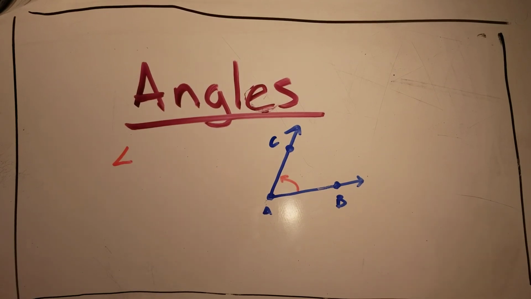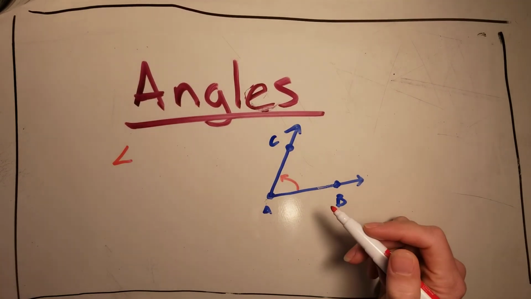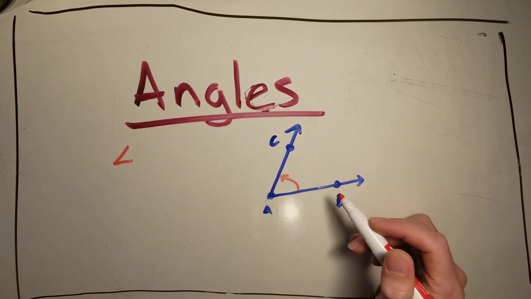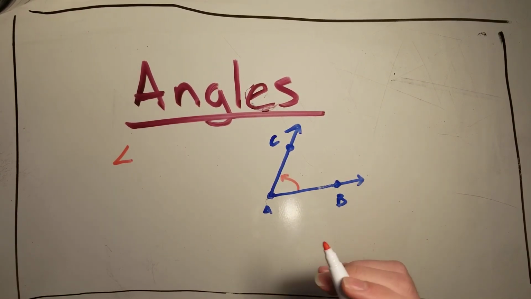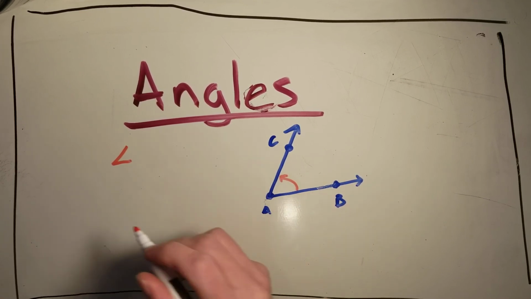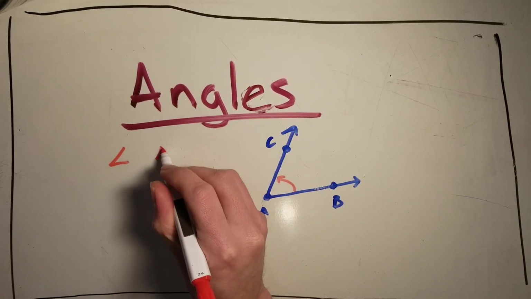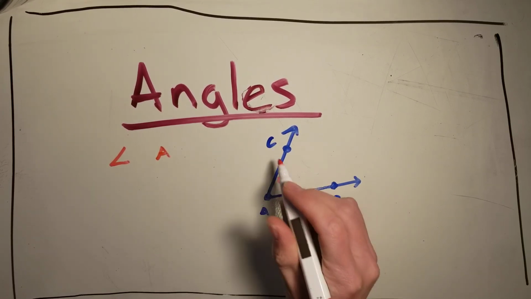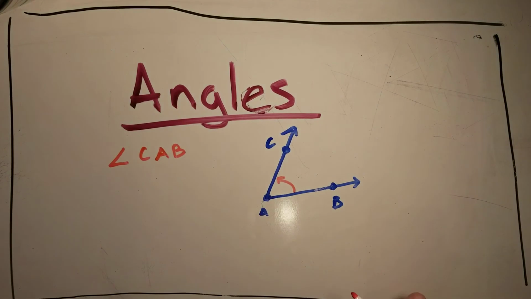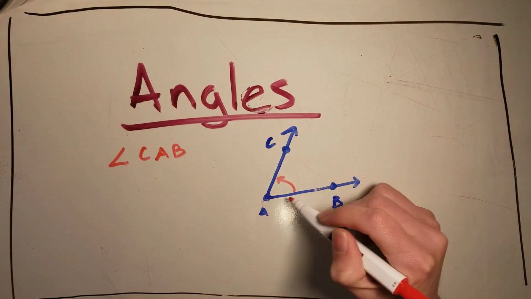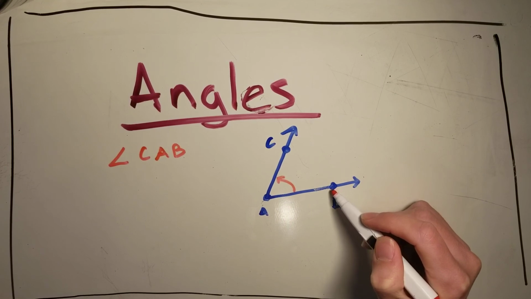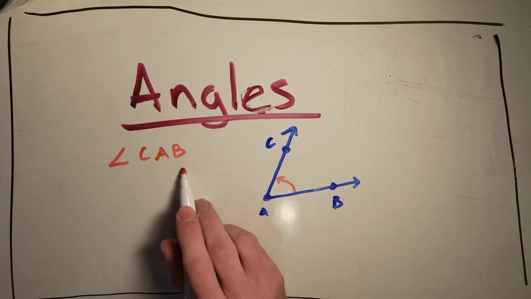And when you're naming an angle, you're going to list 3 points of the angle. There's a couple ways to think about it. You're always going to list the vertex in the middle. So we're going to go A in the middle, and then a point on each side on either side. A nice way to think about it is, if you were to trace the angle, you'd go from C to A to B. So you can call it angle CAB.